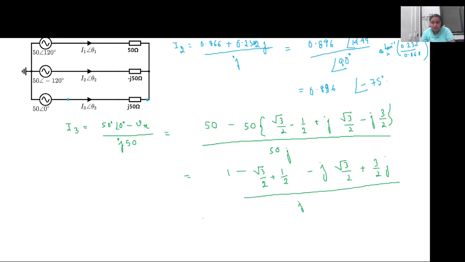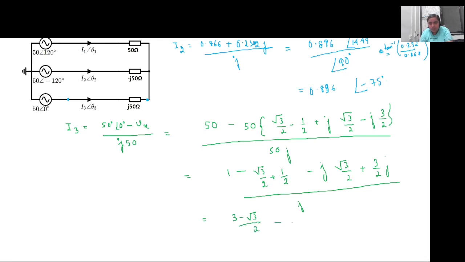So if you simplify all this, it is 3 minus root 3. So this half plus 1 becomes 3 by 2 minus root 3 by 2. So 3 minus root 3 by 2.